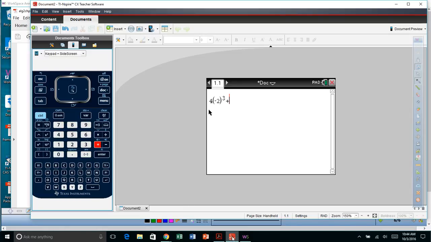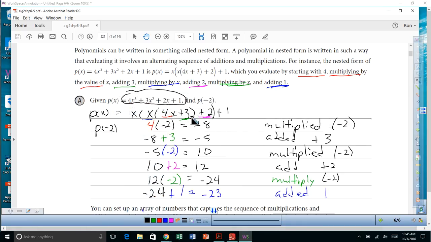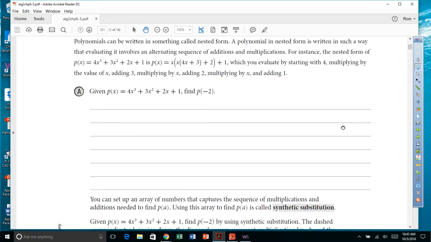So we have 4 times negative 2 cubed, plus 3 times negative 2 squared, plus 2 times negative 2, and then we add 1. And we got negative 23. Negative 23 here, negative 23 there. So it does work. You can use this, kind of do it in your head, and make it much easier.